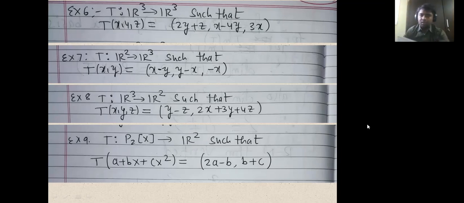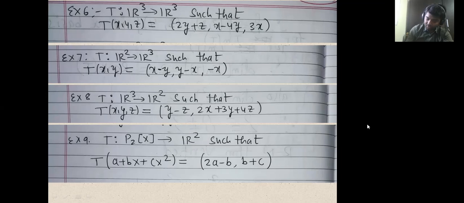Now we'll find out the rank of the linear transformation for the exercise 8 we are talking about. So the image of T, by definition, is the set of T(x) such that x belongs to R3. So which is equal to T(x).